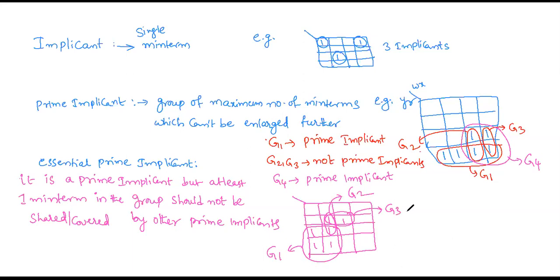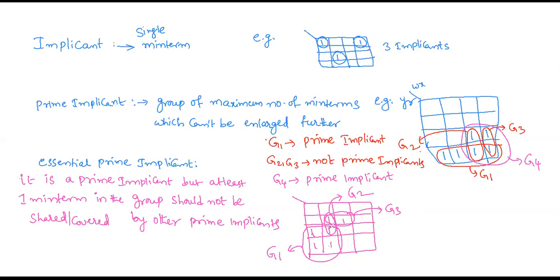Now see here, G1, we can't increase its size, and we are discussing the essential prime implicant. In this group, these 3 minterms are not shared by any other group.